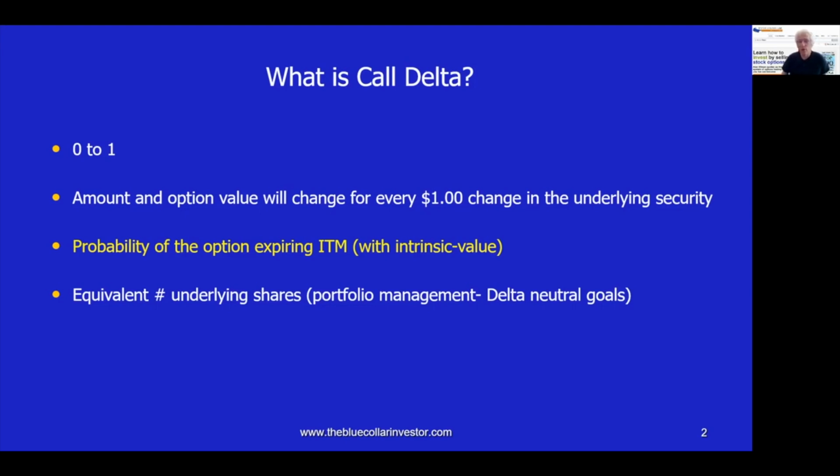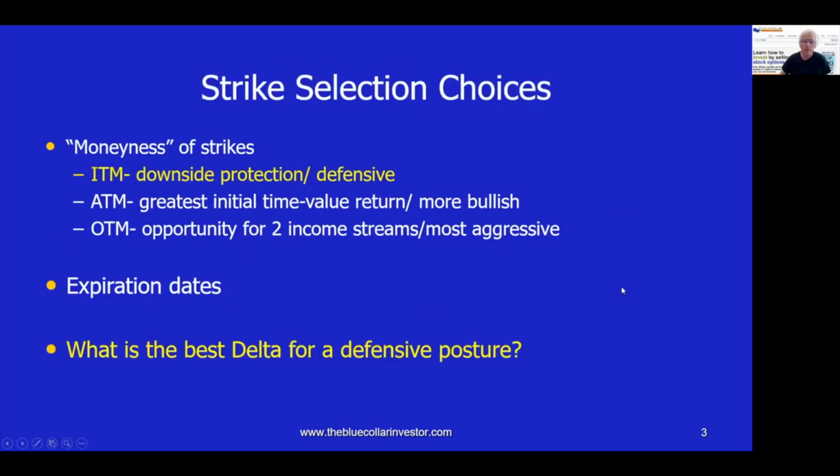Portfolio managers frequently use this to try to achieve a delta neutral portfolio, which minimizes overall market risk. So if you add up all of the positives and then all of the negatives relating to stocks and options, they want to come as close as possible to 0. We're going to focus in on the probability of an option expiring in the money or with intrinsic value.